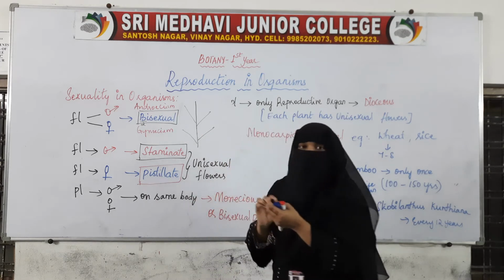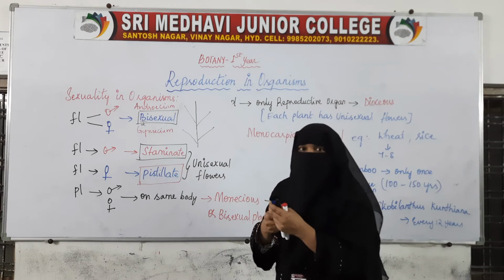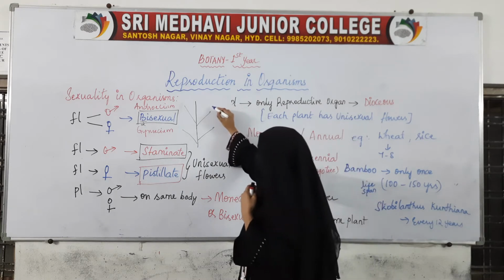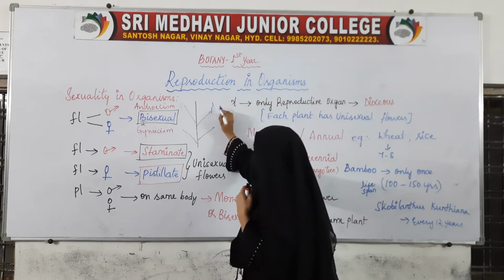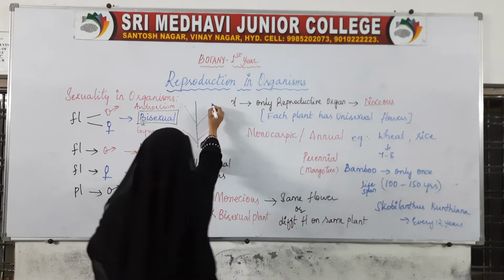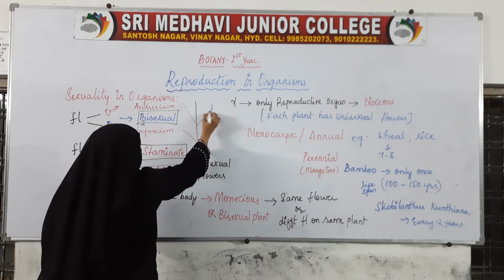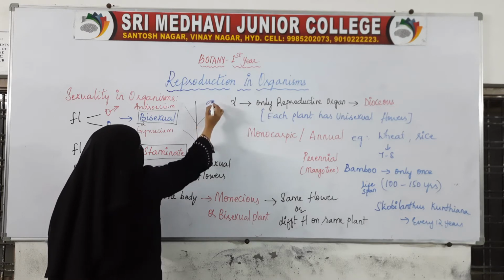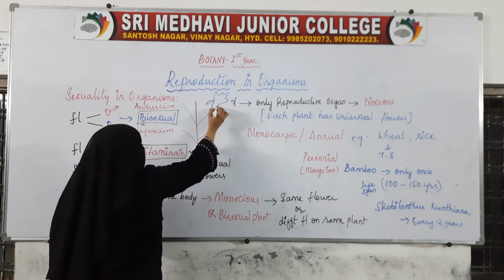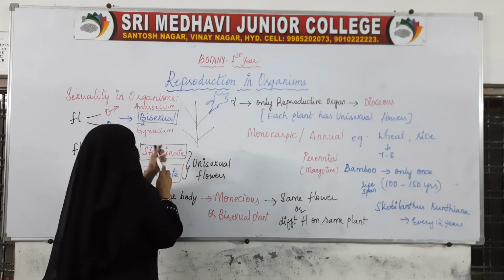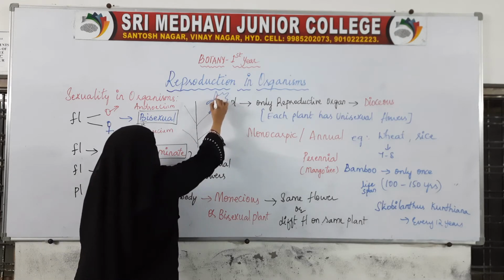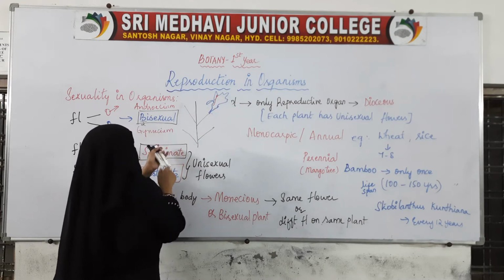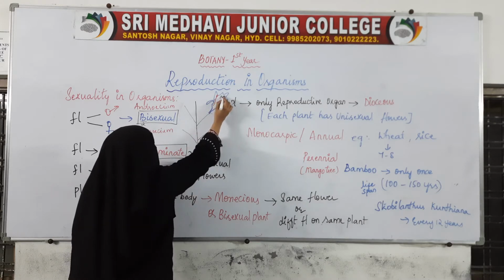If on this one plant we have a flower like this, that is the pedicel, this is the thalamus, this is the calyx, this is the corolla, then we have the stamens, and then we have this pistil.